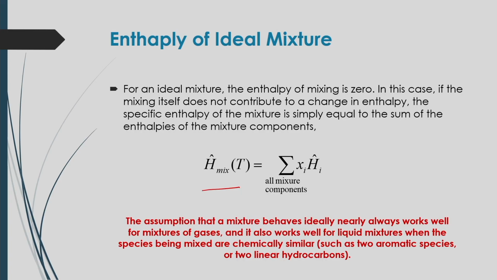So, we can represent this mixture enthalpy as H hat mix (T), that will be the summation of xi times Hi hat. Here xi is the mole or mass fraction of that component in the mixture, and Hi hat is the specific enthalpy of that particular component i.